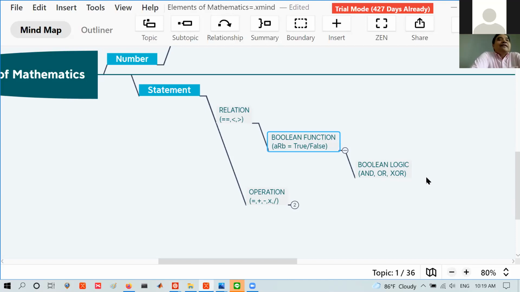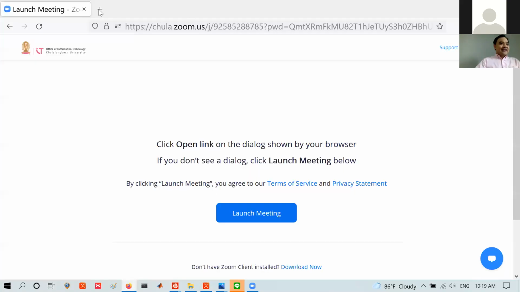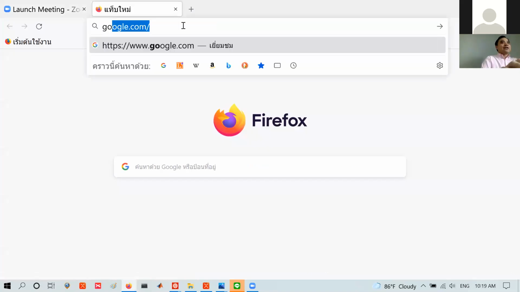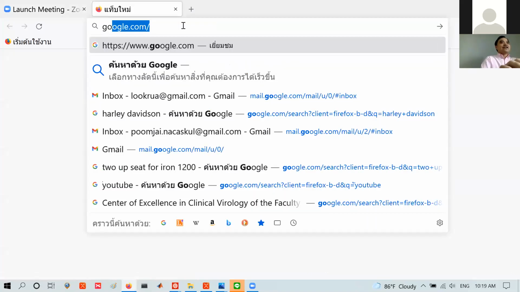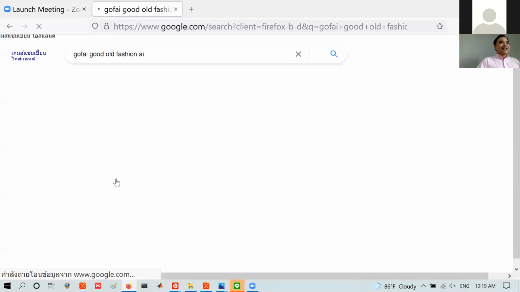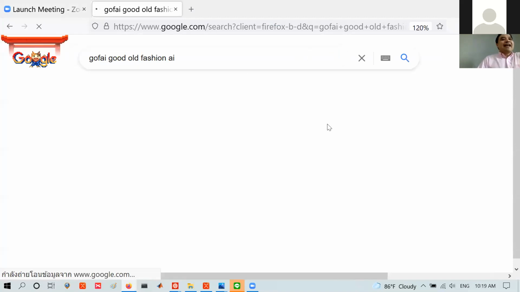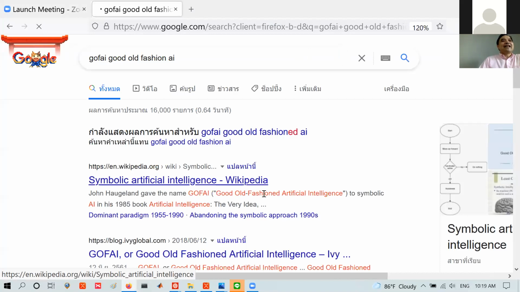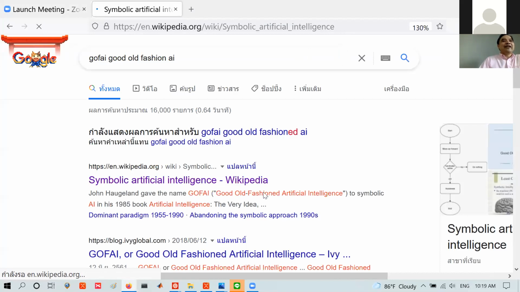By the way, this is what's called good old-fashioned AI, GOFAI. It's called symbolic AI. It's checking if and then, except you have the computer do the if and then.